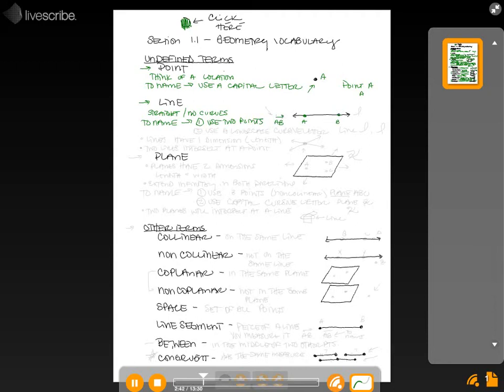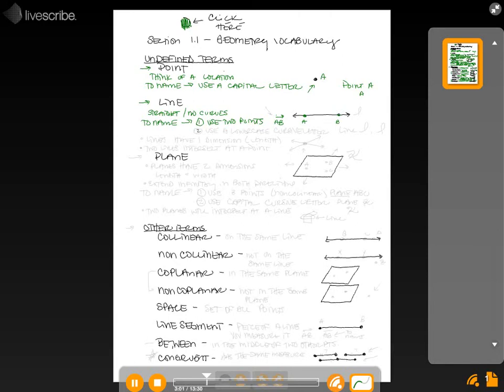That's one way to name it. That's a pretty common way. The only thing you have to remember is to put the little line above it, because we'll get into some other things that are similar to lines, for example, a line segment or a ray, and they have the same type of thing above them, but it's a little different. So you need to make sure you have a line above the A and the B.